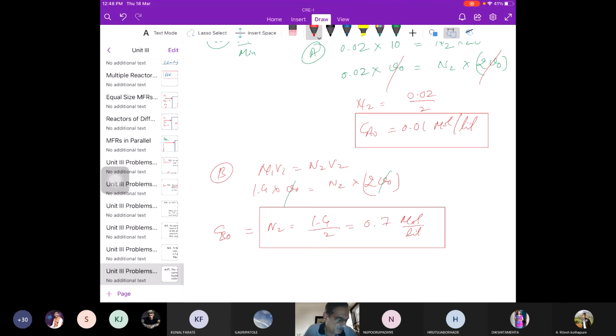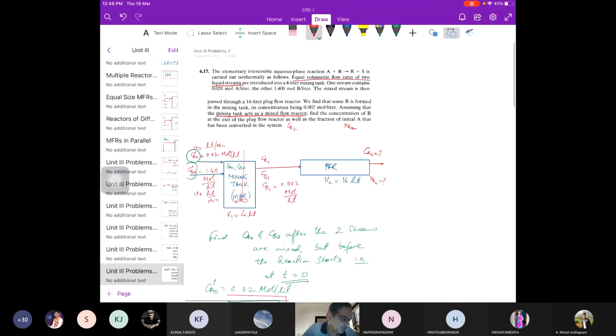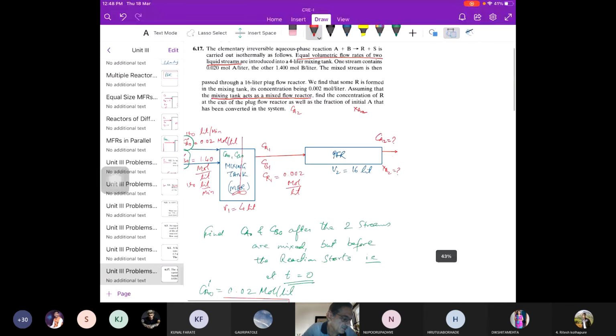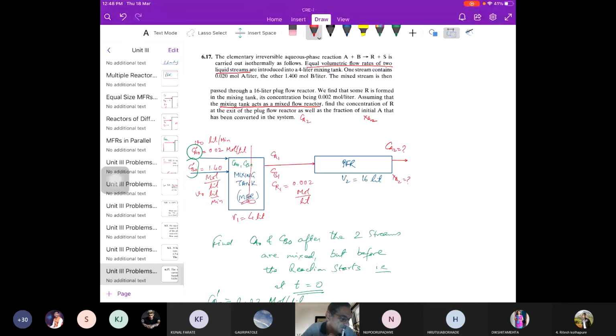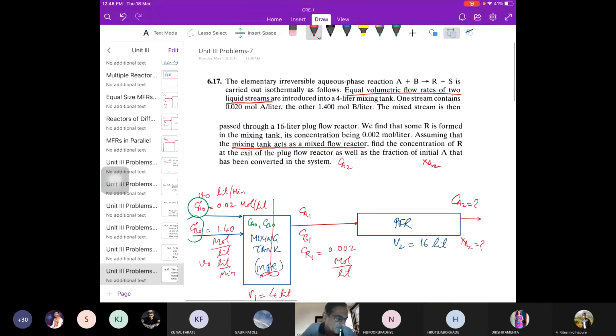Okay, so now you know CA naught, you know CB naught, and reaction जो दिया है, order क्या दिया हमारे को reaction का? कुछ दिया क्या reaction का order? Rate equation का? Is the order of reaction given? No, sir.